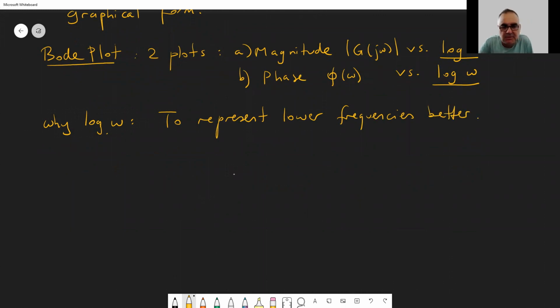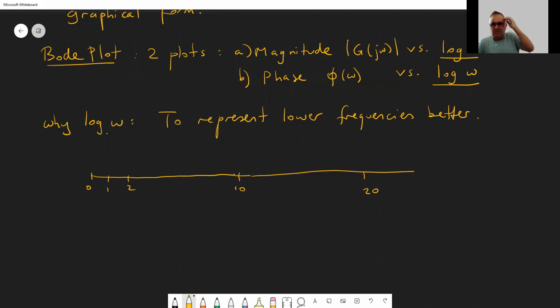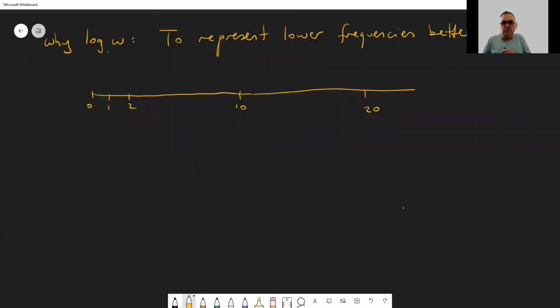If you have a regular plot, you will have 0, 1, 2, let's say this will be 10, and this will be 20. If you go to 100, you cannot really draw it here; it becomes too hard. Whereas if you use logarithmic, you can squeeze a lot of information.